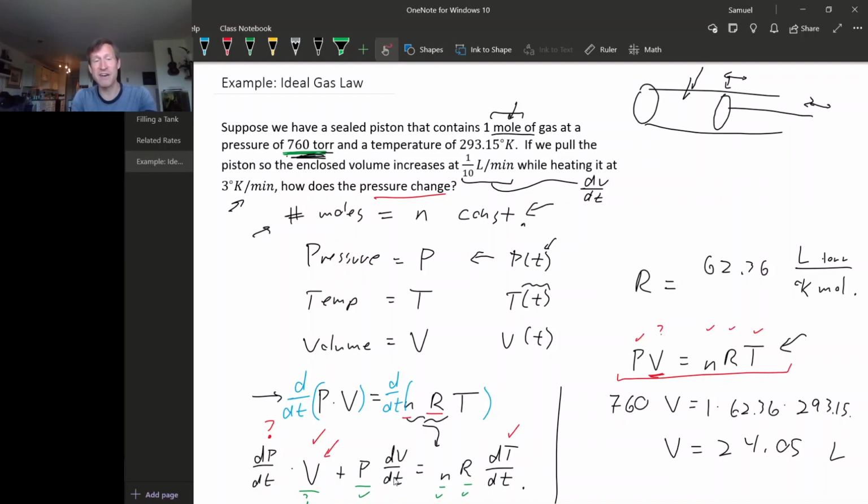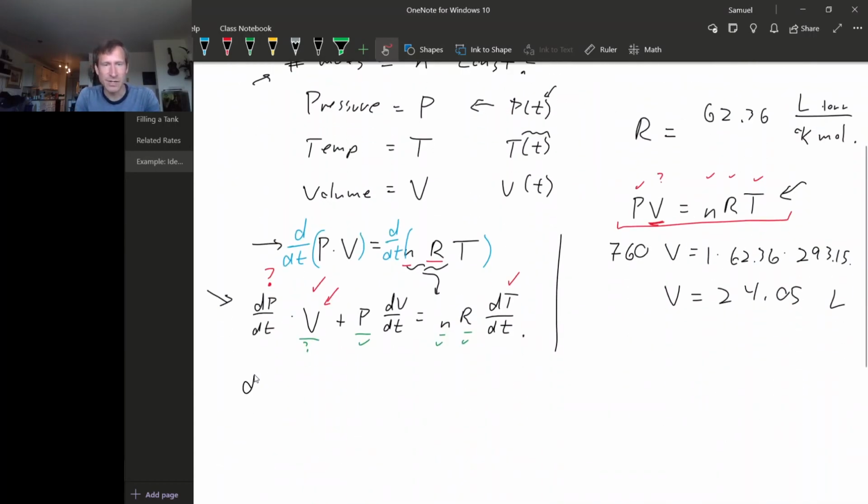So now we can plug everything into this differentiated form of the ideal gas law. So dP/dt, that's what we're looking for, so we'll leave that as unknown. Now what we're doing really is evaluating this equation at this single moment in time. So, to be perfectly precise, I should put some evaluation bars in here.